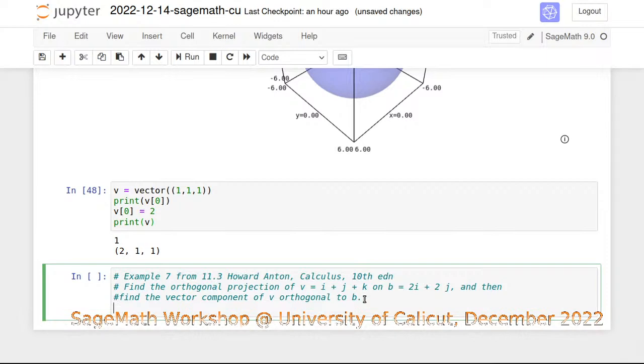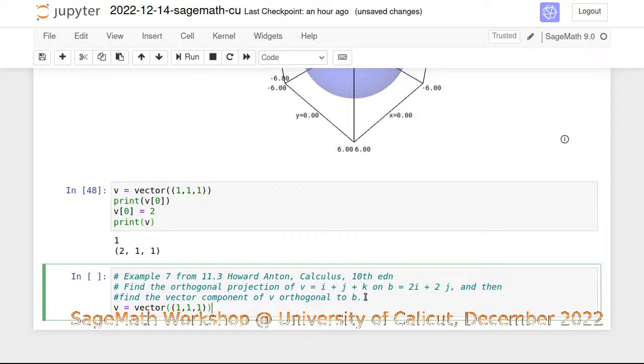Okay. So let us try to draw these two vectors first of all. V equal to i, j, k, which is 1, 1, 1, and B equal to 2, 2, 0, on the two-dimensional plane. Let's draw that first. Defining it first, vector 1, 1, 1.